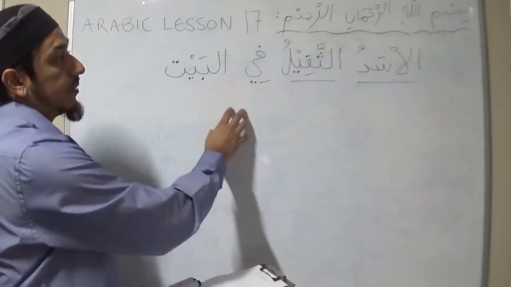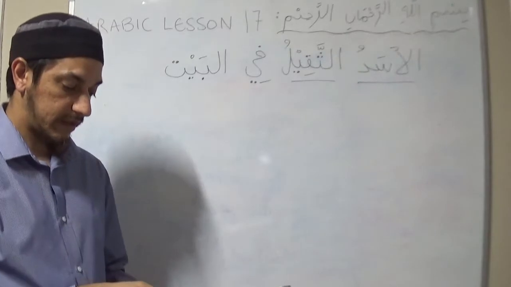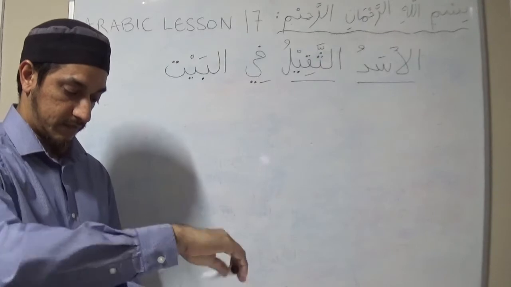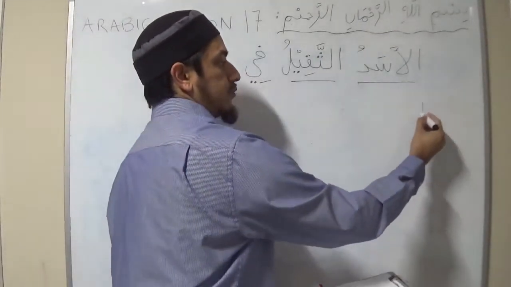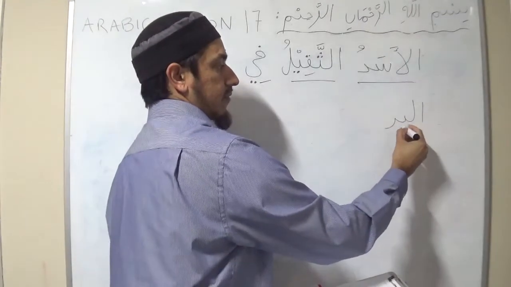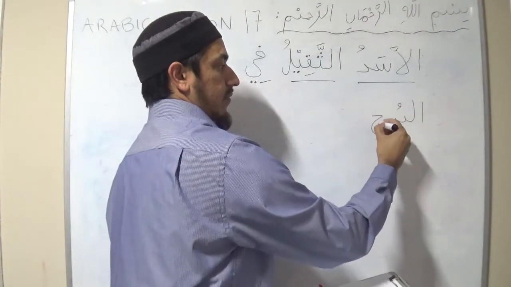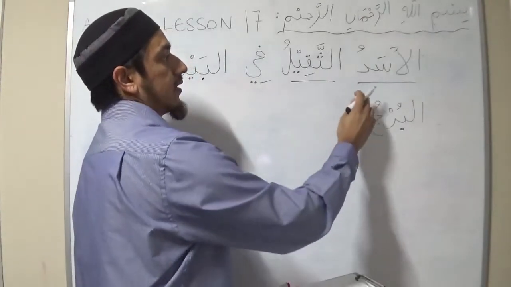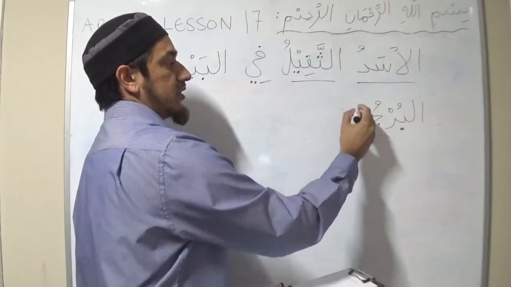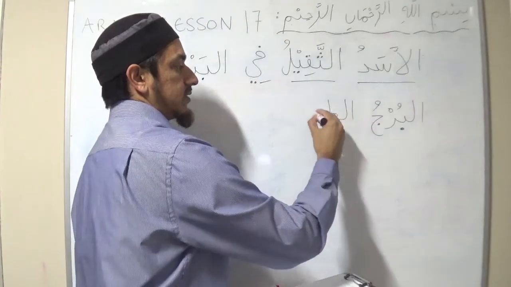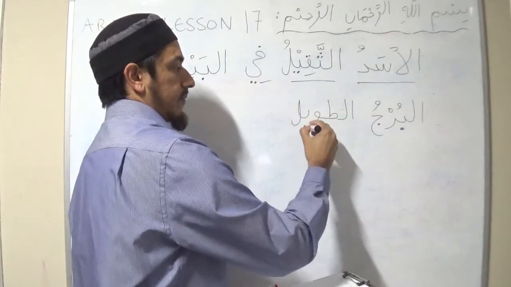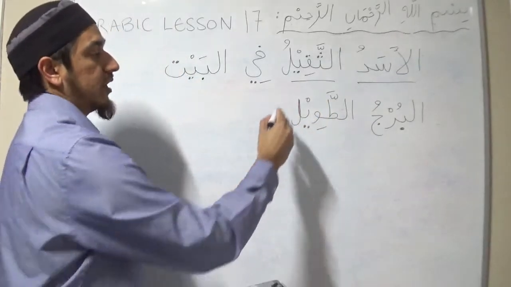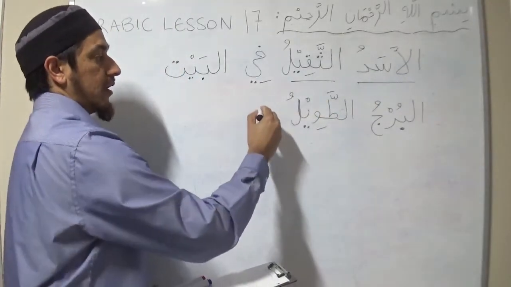And using another preposition, another adjective, we have al-burj. Al-burj al-tawil. Masculine is masculine, so al-burj al-tawil. Here again is masculine, masculine. البرج الطويل خلفه.